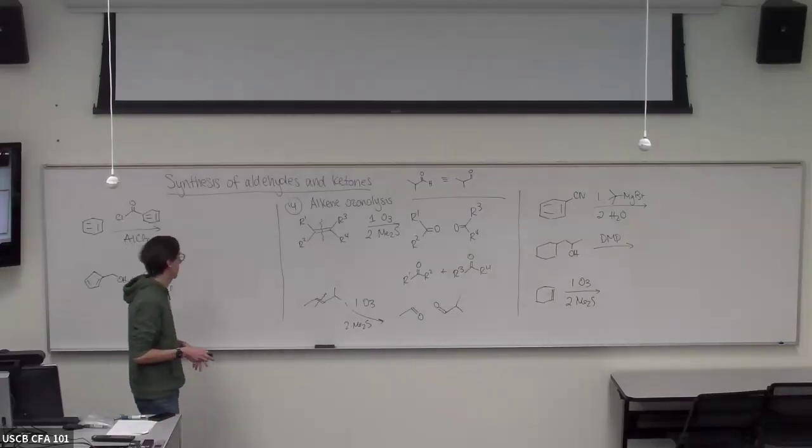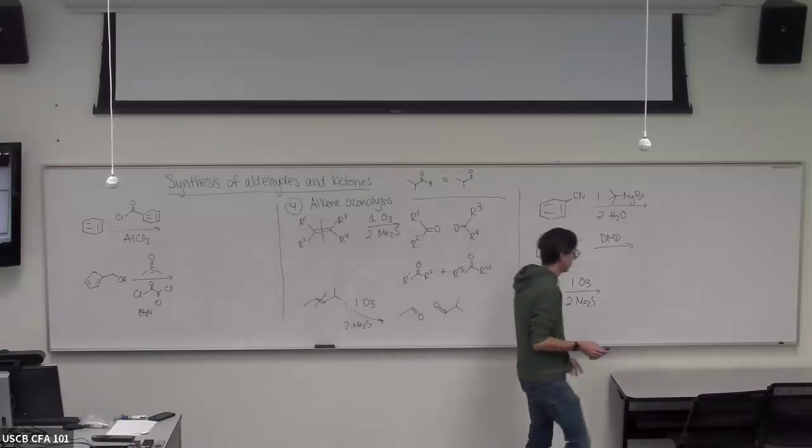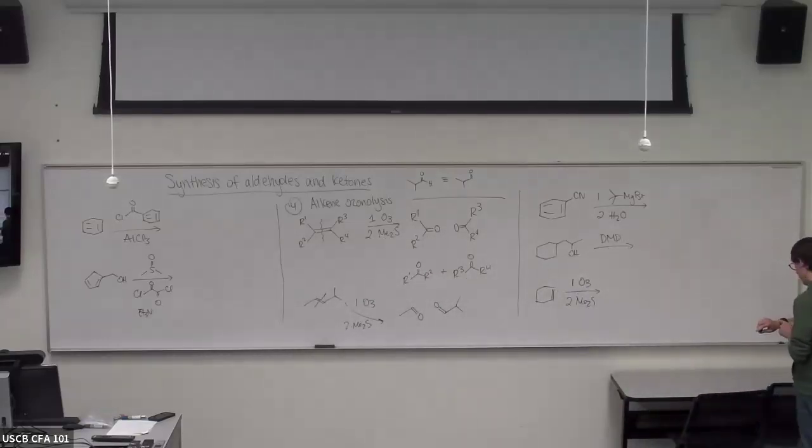Okay, I guess just start over here. So this one here, we'll have a Grignard reagent, the tert-butyl magnesium bromide, and we have a nitrile. We know that the carbon on the nitrile is going to become a ketone.